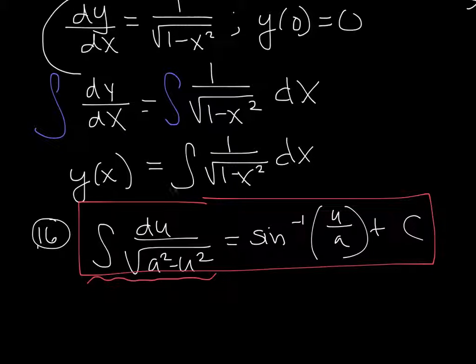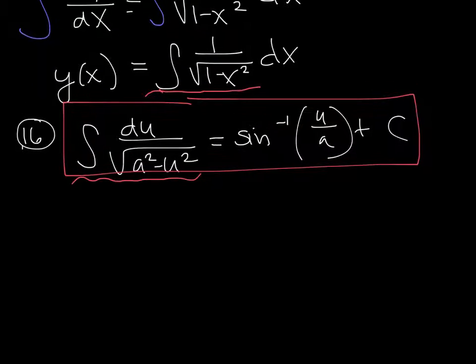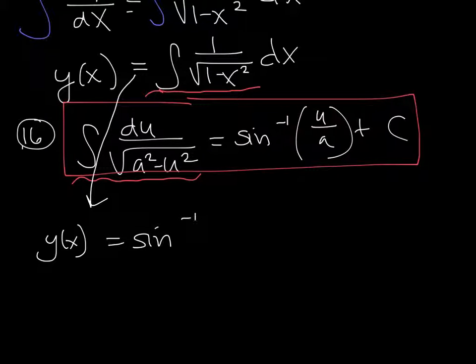So this is what I'm going to use, because I have it right here. So what is our integral? y of x is equal to sine inverse of u over a. Well, what's our u and what's our a? In this case, a is 1 and u is x, because this is our a squared.